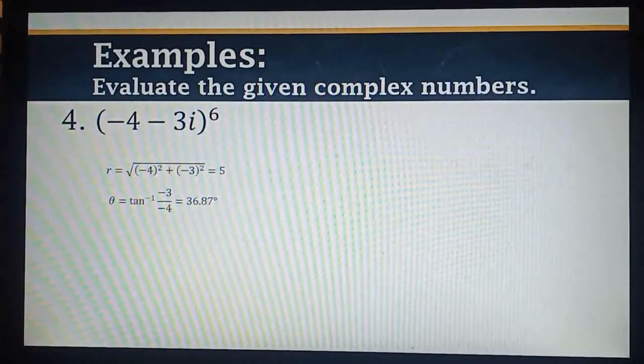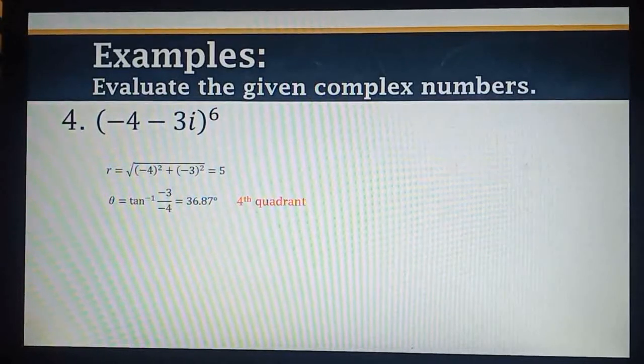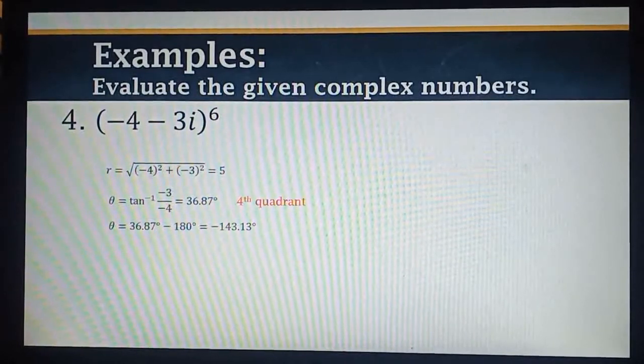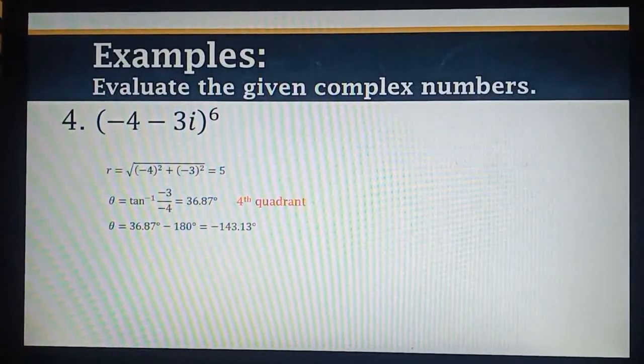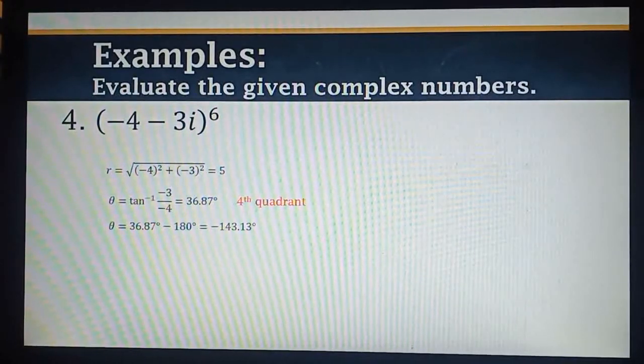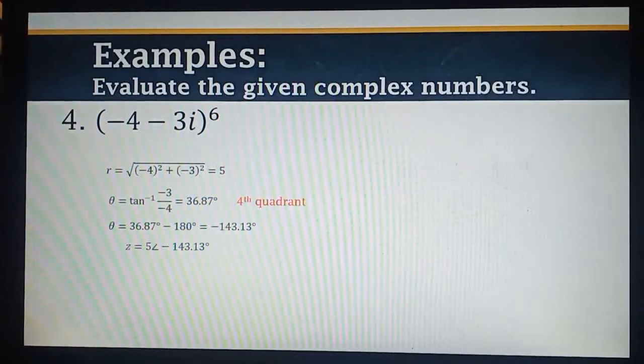But the location of your theta is the 4th quadrant. So kukunin natin yung angle from the positive x-axis, that is 36.87 minus 180 degrees, equivalent to negative 143.13. So our polar form is 5 at angle negative 143.13.